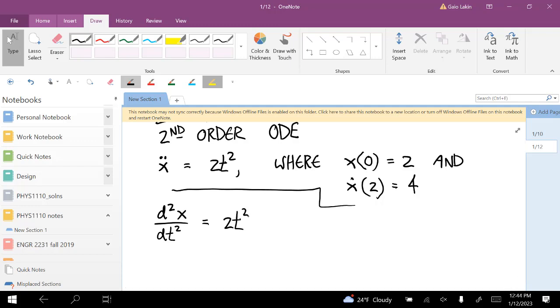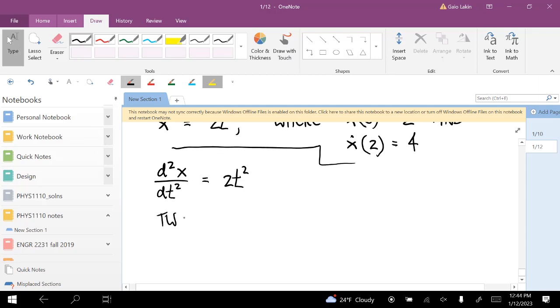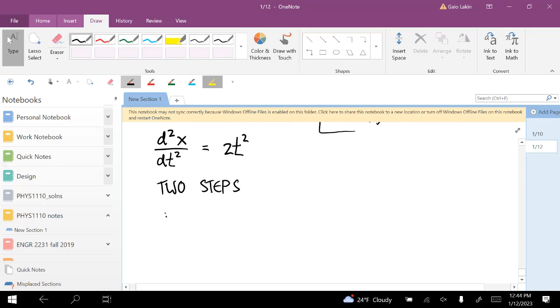And we're going to do this problem in 2 steps. But each step is just what we did in the last example. So I'm going to actually think of this as d/dt of x dot. It's d/dt of dx/dt is equal to 2t squared.